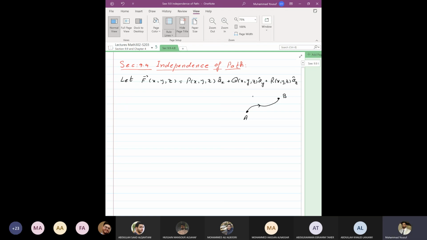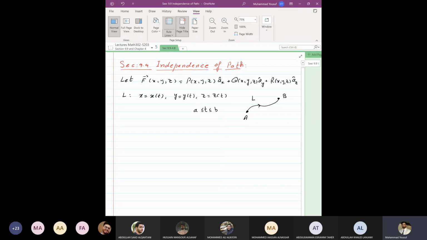Let us call it L. The vector field F is given here, and L consists of x equal to x of t, y equal to y of t, z equal to z of t, where t is between two real numbers a and b.